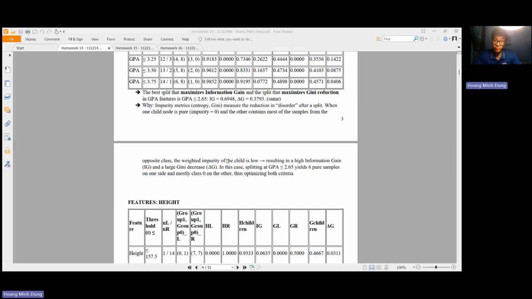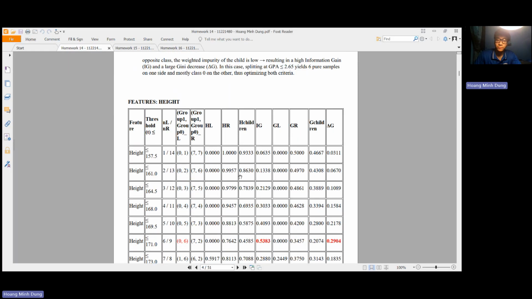Manually calculating entropy and Gini was quite tedious, but very helpful to understand how the core of this algorithm works for each potential split. So I could show exactly why a split on GPA smaller than 2.65 was chosen. It created the purest possible child node, and you can literally trace the path of the decision here.